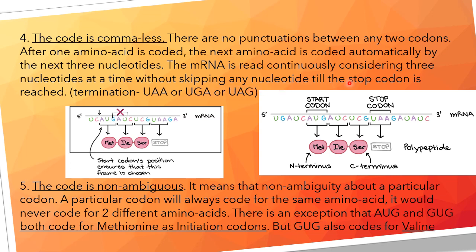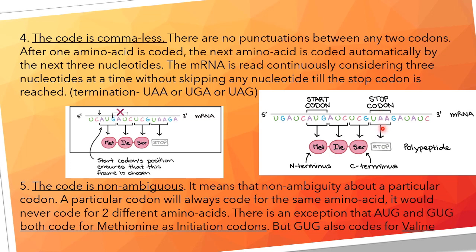You can see here in the second image, this is the start codon. During translation, it has coded for methionine at the N-terminus. Then this coded for another amino acid, this coded for another amino acid, and this is the stop codon UAA.